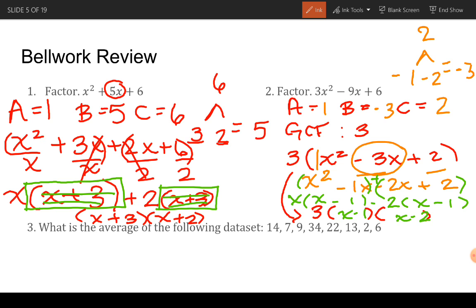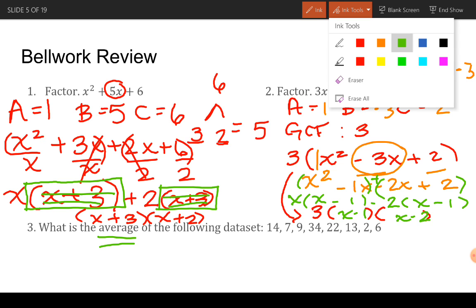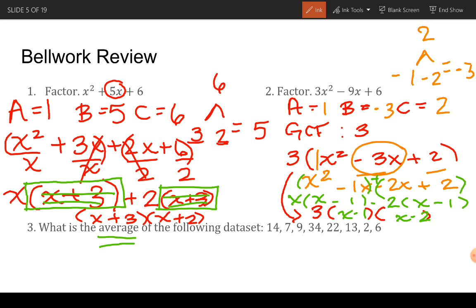For number 3, it says, what is the average of the following data set? I have 14, 7, 9, 34, 22, 13, 2, and 6. So to find the average of any value, you add up all of your values and divide by the number of values.